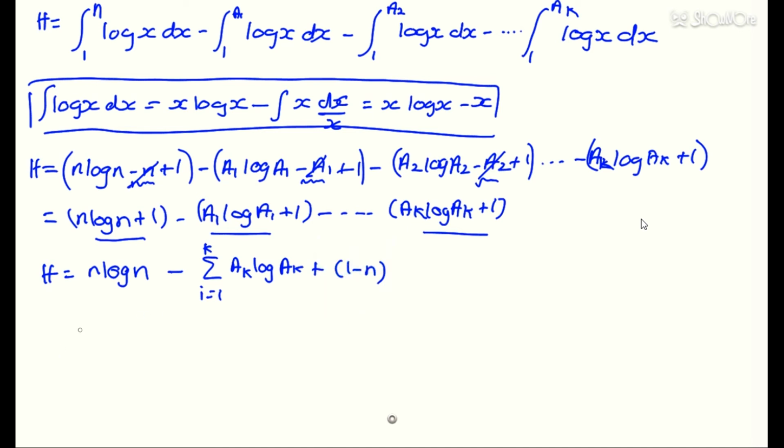We can use some simplification by letting, for example, pi equal to ai, pk equal to ak over n. Using this assumption, this equation will be reduced a lot.